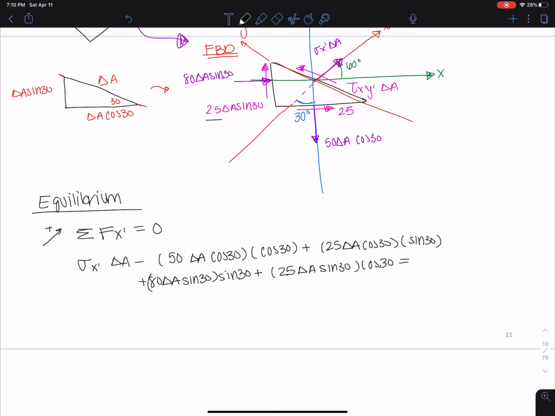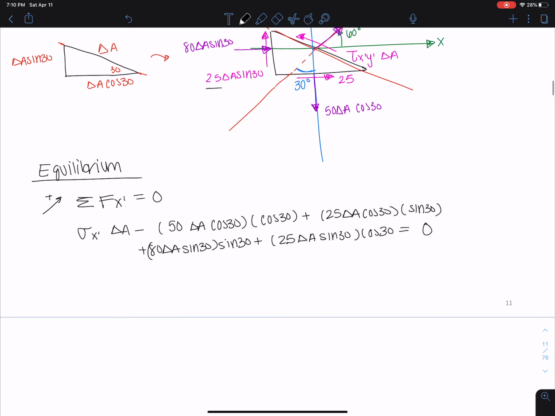All of this needs to equal 0, and we get our sigma x prime as negative 4.15 MPa.